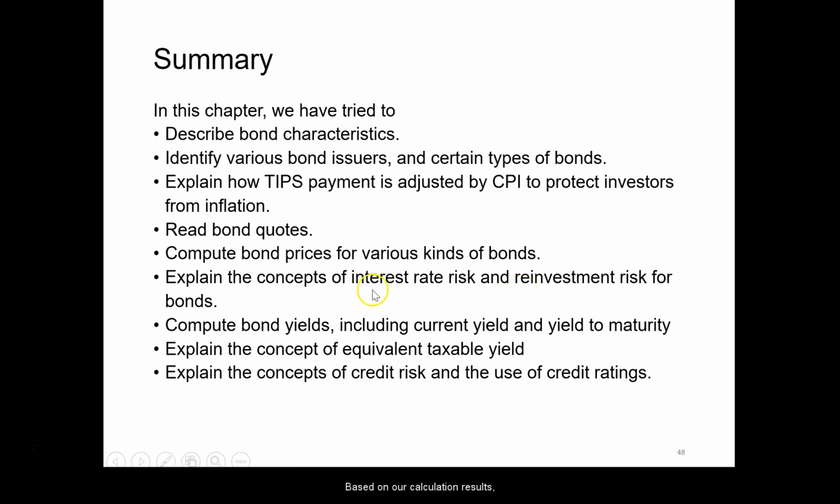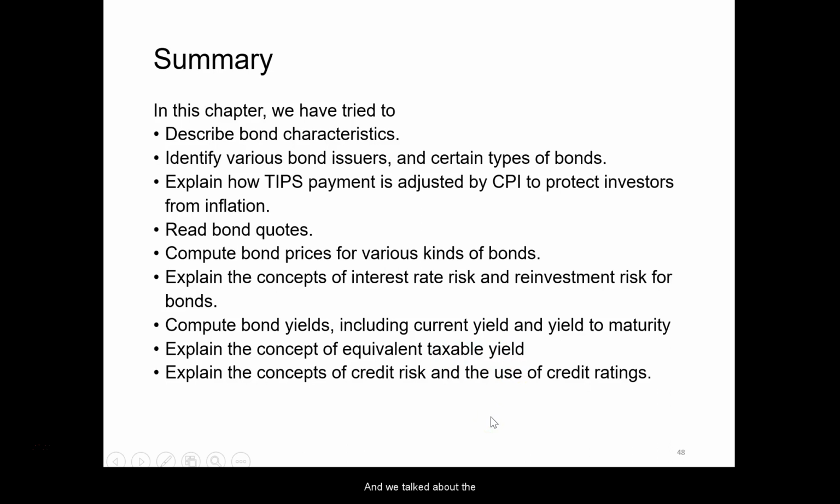Based on our calculation results, we talked about the concept of interest rate risk and reinvestment risk, and we discussed what kind of bonds are more subject to interest rate risk or reinvestment risk. We also tried to calculate bond yield, including current yield, yield to maturity, and also specifically for municipal bonds, the idea of equivalent taxable yield.